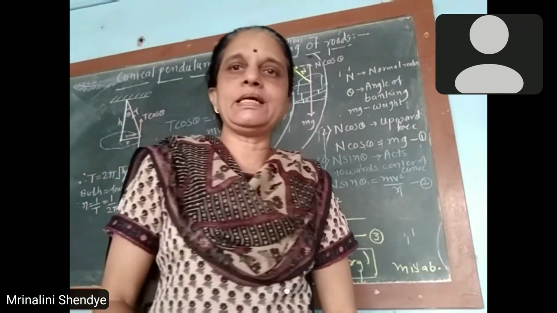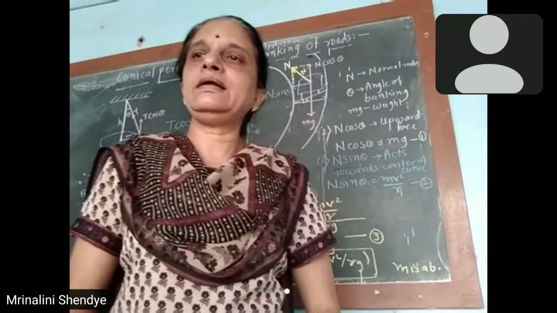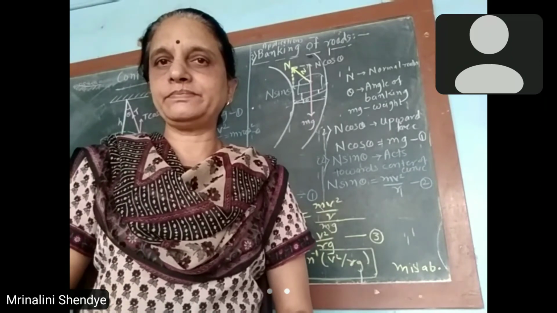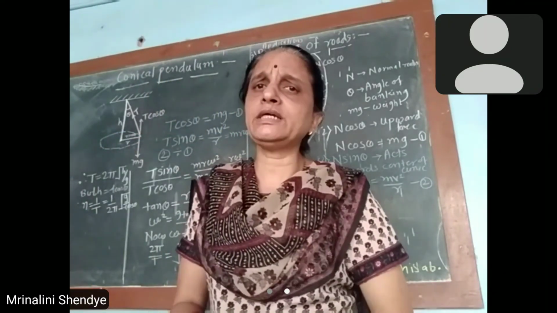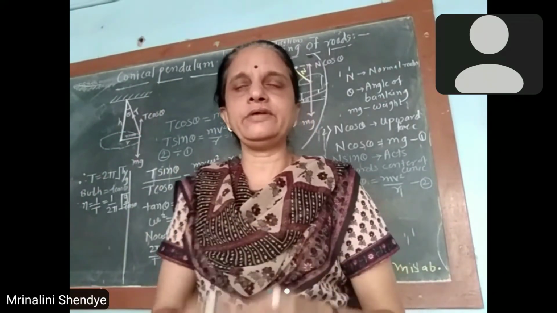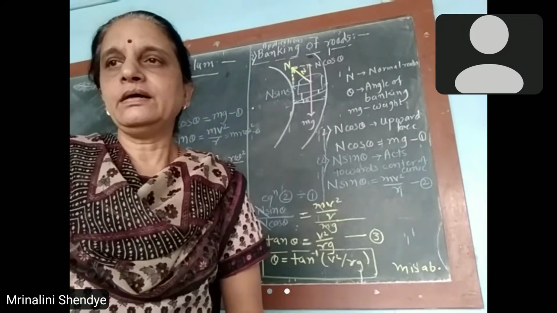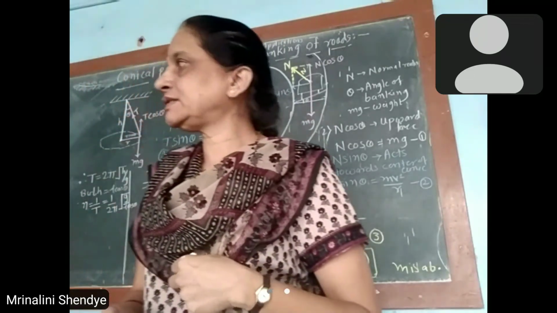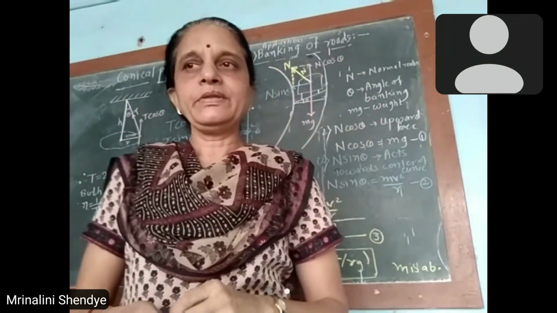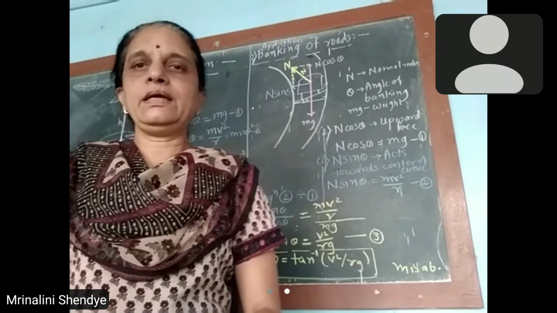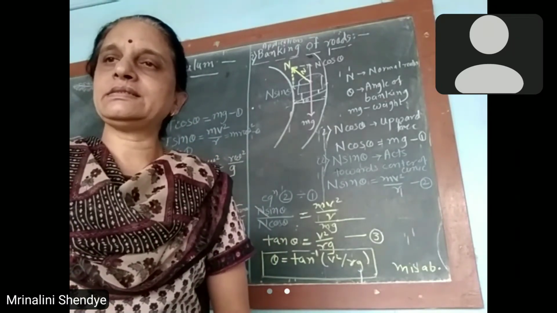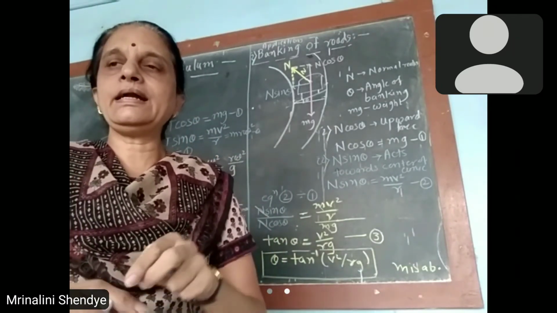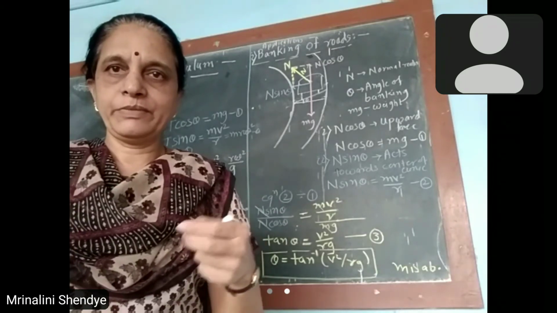The second application is the conical pendulum. What is the meaning of a conical pendulum? Suppose I have a heavy bob attached with a stand by a string. That string is weightless and inextensible.